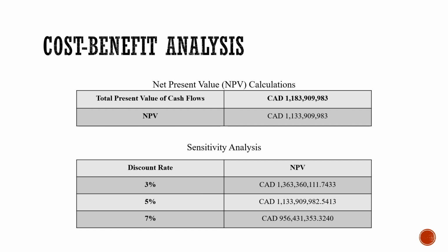And I also conducted a sensitivity analysis to evaluate the impact of varying discount rates on the NPV in the table right here. The analysis revealed that even with a higher discount rate of 7%, the NPV remains positive, indicating the robustness of the project's economic viability under different financial conditions.